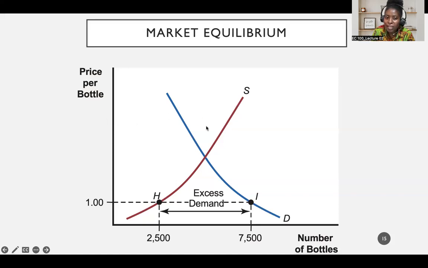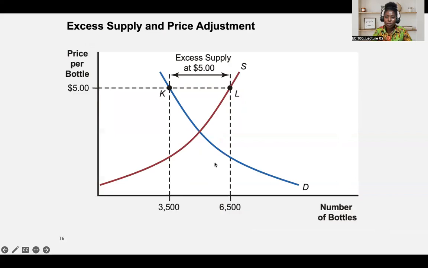When suppliers start reducing price, remember, the lower the price, the more quantity demanded. So people will start to afford, up to a point where all the people who demand the product and those who are supplying can settle at a price at which they can both exchange fully. That is where we achieve equilibrium.